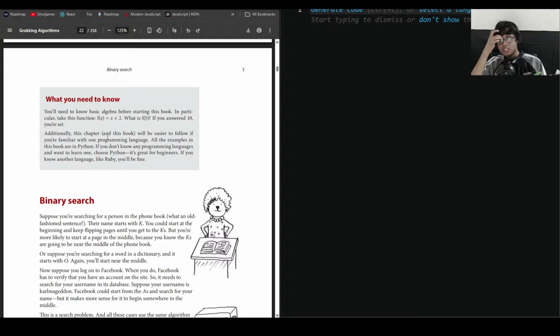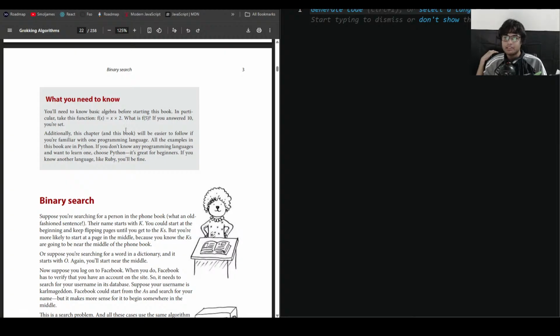What do you need to know? You need to know basic algebra before starting this book. In particular, take this function: f(x) = x times 2. What is f(5)? 10. If you answer 10, you're set. Additionally, this chapter and this book will be easier to follow if you are familiar with one programming language.